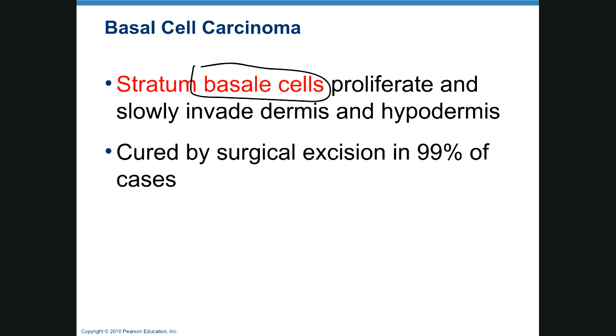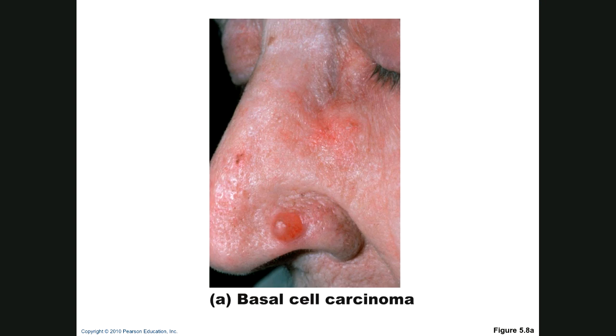In 99% of cases, it is eliminated by surgical removal. So it is a very common type of skin cancer. It doesn't metastasize, and that's why it's not a malignant type of cancer. That represents a basal cell carcinoma lesion. It typically happens in people with fair skin, and it appears in areas that protrude out, like the nose, which are the areas that are more sensitive to UV light.